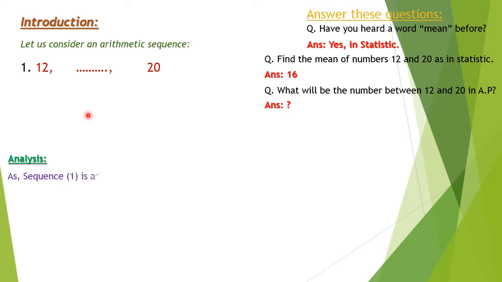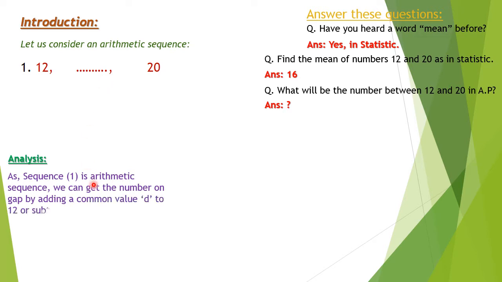As sequence 1 is an arithmetic sequence, we can get the number in this gap by adding a common value d to 12. The common difference between these three terms will be d. If we add d to 12, we get this number, or if we subtract d from 20, we get the same number.